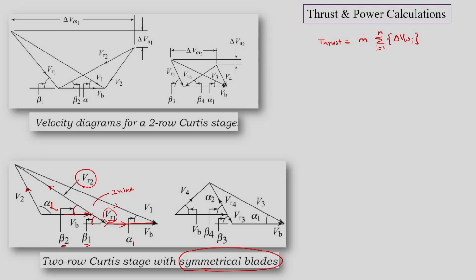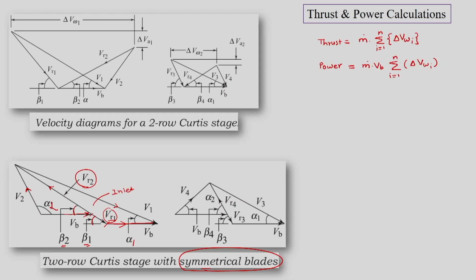That is thrust, total thrust or total axial force or torque. Now we know that power is equal to m dot into VB into sigma i equal to 1 to n of delta VW i.